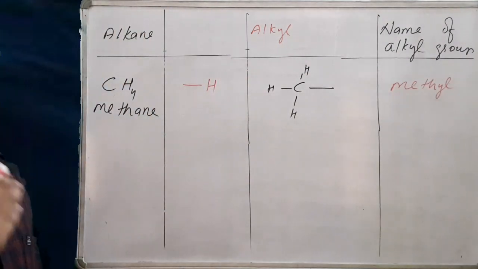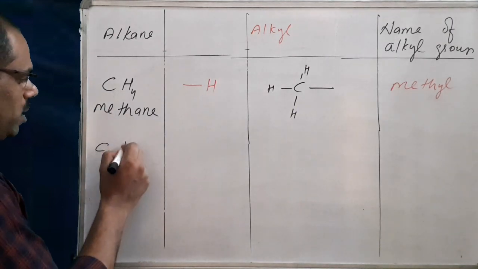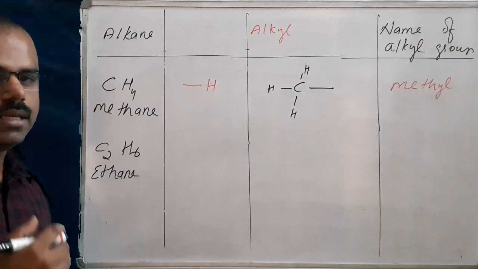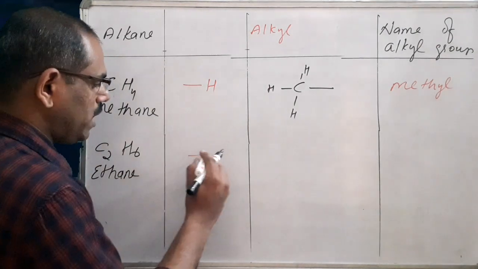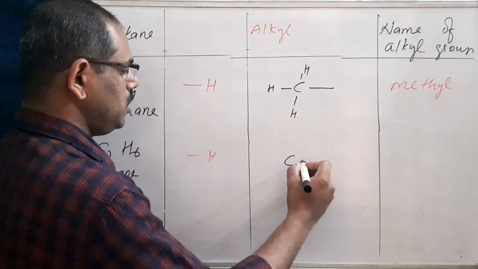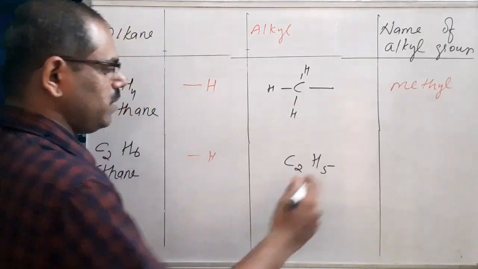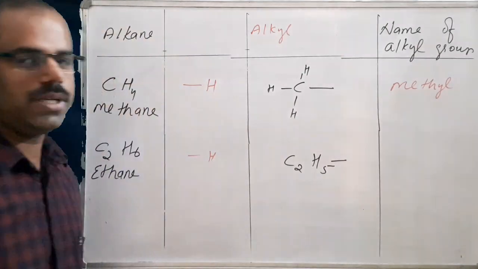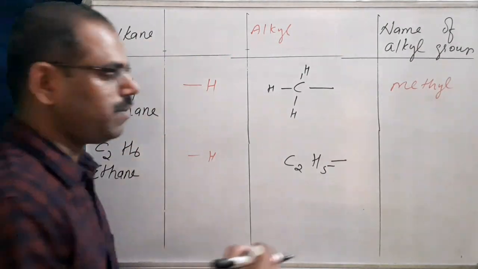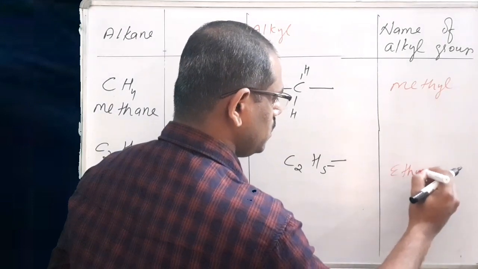Okay. And we see another one, C2H6. What the compound is? Ethane. The compound is ethane. So here also you remove one H. So that we get C2H5, and one bond is free there. So what do we call C2H5? It is ethyl.